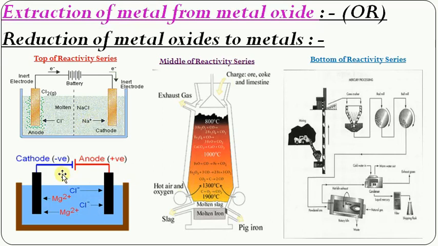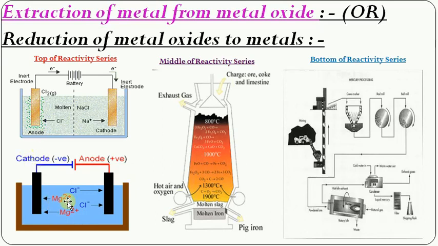A very similar procedure is adopted for magnesium chloride. The cathode we take is pure magnesium, the anode is impure magnesium, and the electrolyte is magnesium chloride. The magnesium present in the solution will go and deposit at the cathode.